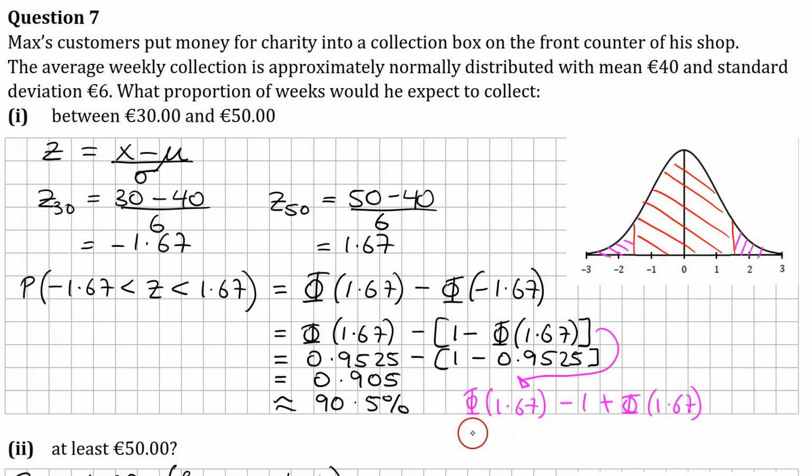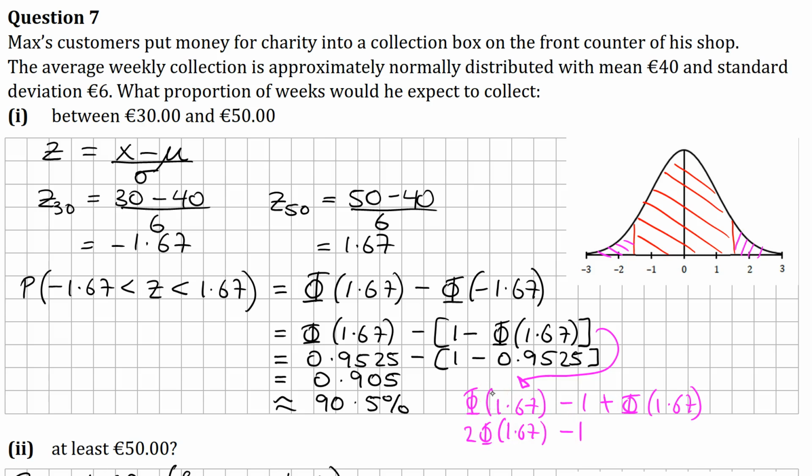Basically it's 2 times phi of 1.67 minus 1. So what you're doing is taking two tails out of the 1. Just another way of looking at the problem.